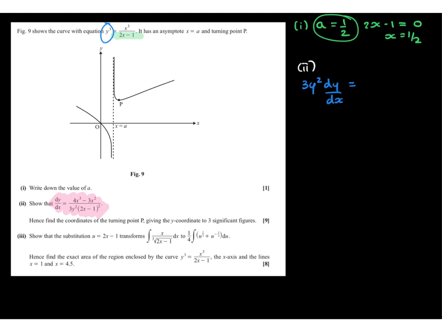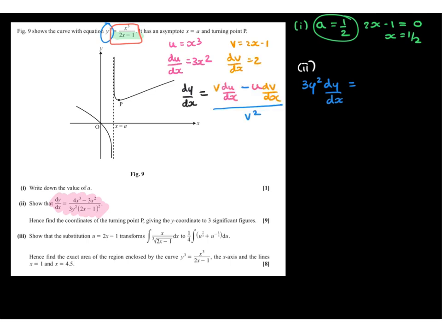And on the right-hand side, I've then got to differentiate this using the quotient rule. So u equals x cubed, the numerator, du by dx is equal to 3x squared, and then v is equal to 2x minus 1, dv by dx is equal to 2, and we then just need to apply the quotient rule, which I have set up ready for use here.